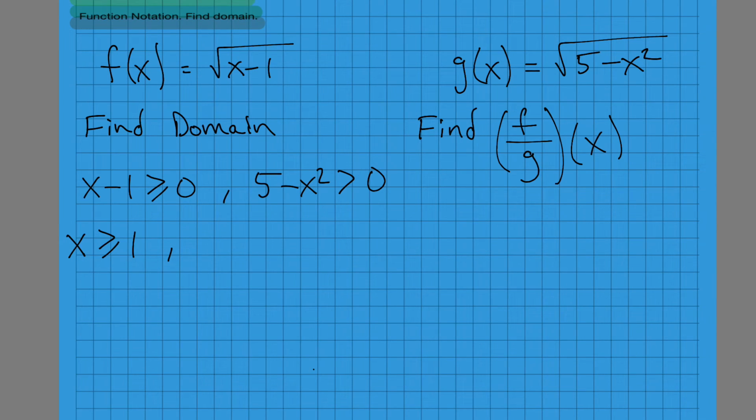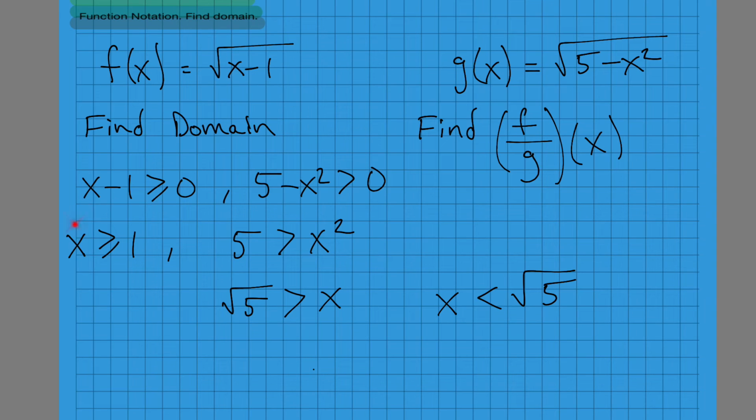So we have 5 minus x squared is greater than 0. We add x squared to both sides, so we get 5 is greater than x squared. Now taking the root of both sides, we have square root of 5 is greater than x, or x is less than the square root of 5.